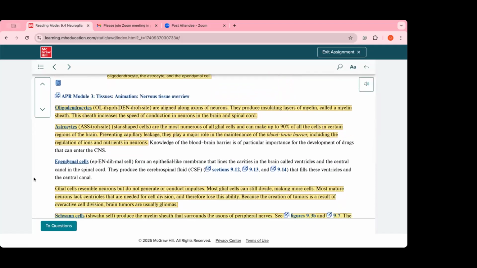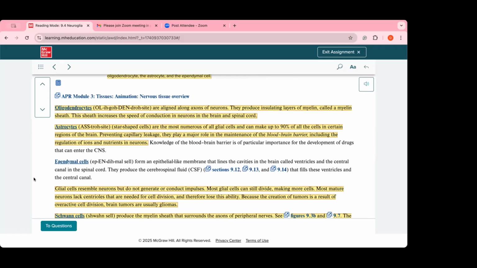Including the regulation of ions in between. Ependymal cells, glial cells resemble neurons that do not. Schwann cells provide, okay, Schwann cells provide the myelin sheath that surrounds the axons of peripheral nerves.